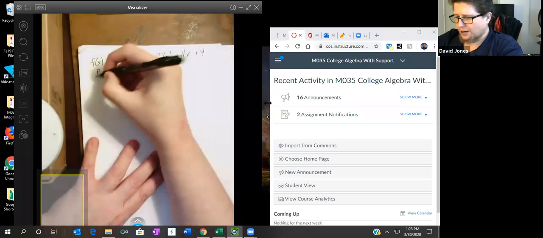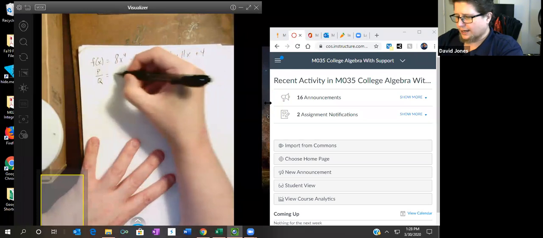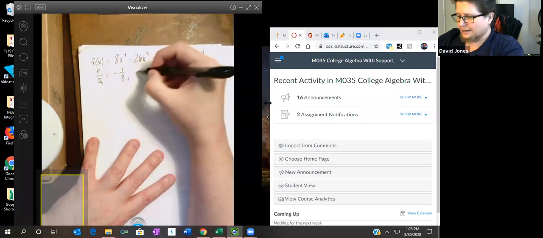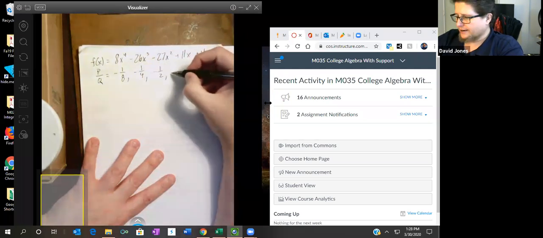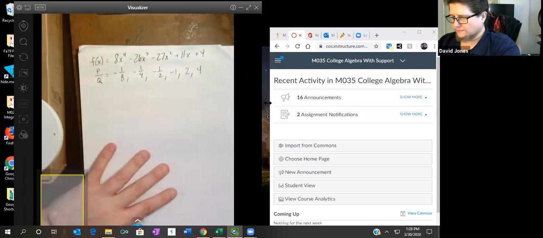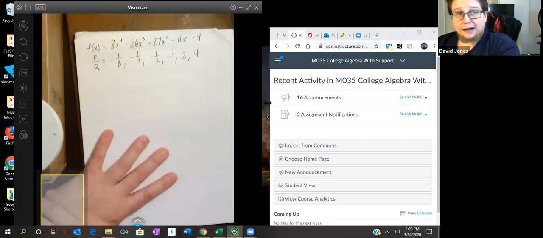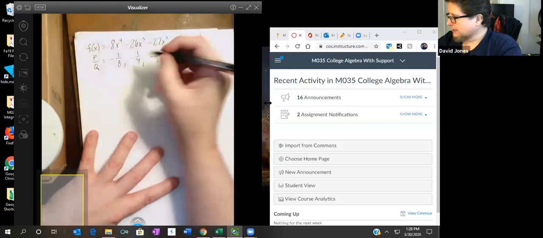And we found the P over Q candidates: 1/8, 1/4, 1/2, 1, 2, and 4. You may find it helpful to write them in, and these are plus or minus.